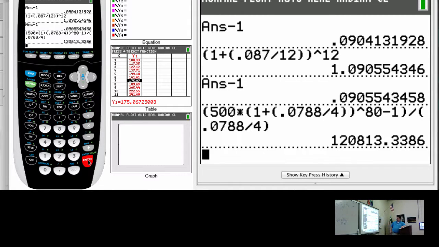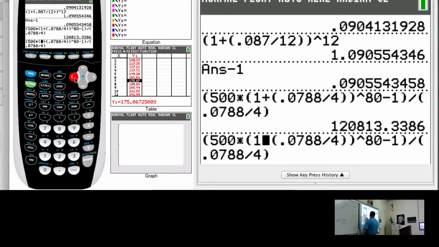Oh, you know what? Somewhere Mr. Adams screwed up. I think it should be 0.0788. Did I forget a parenthesis? I don't think you can put the 500 in there because I think it does it differently.